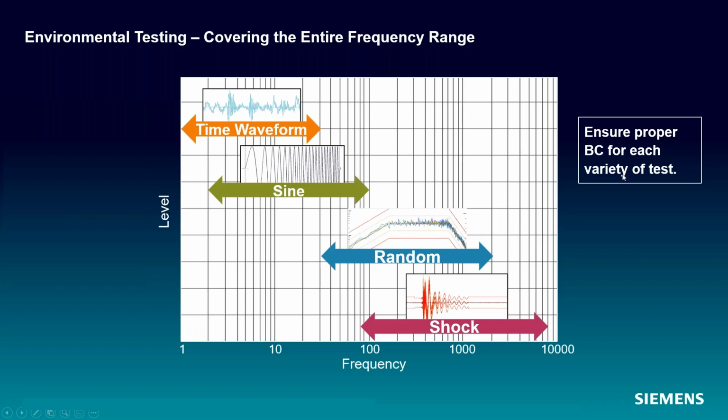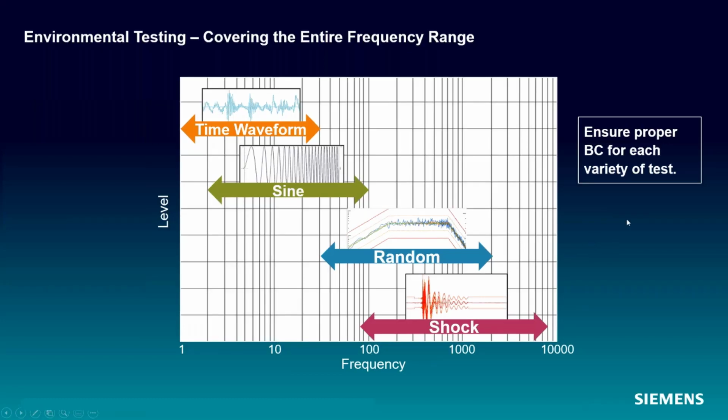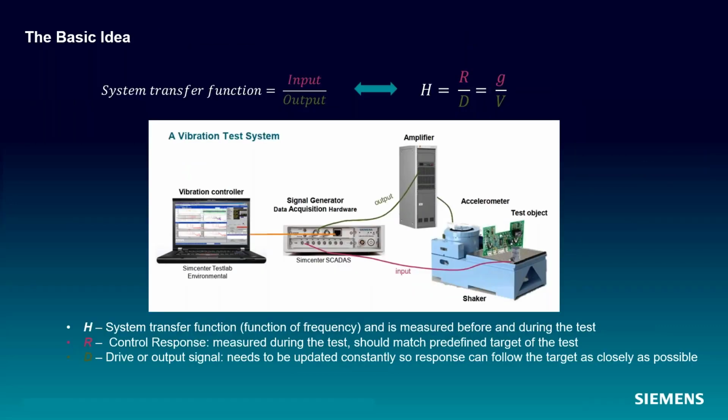And really crucial is determining what our boundary conditions are for the test and trying to replicate those when we attach our test article to the shaker. The basic idea with the vibration test is we're going to figure out the system transfer function, and then that transfer function is going to be used for control.